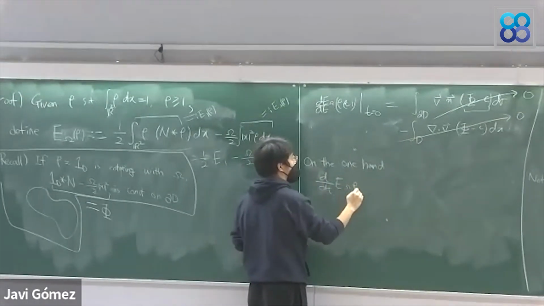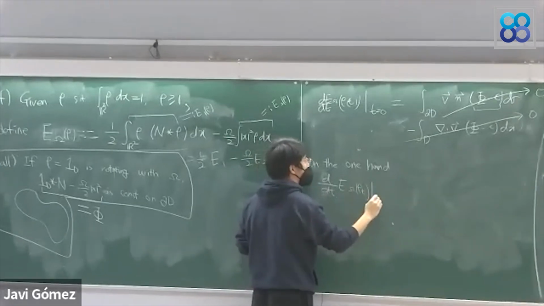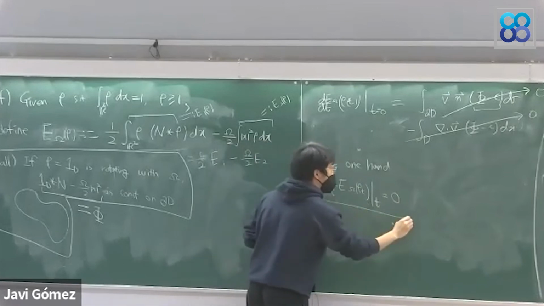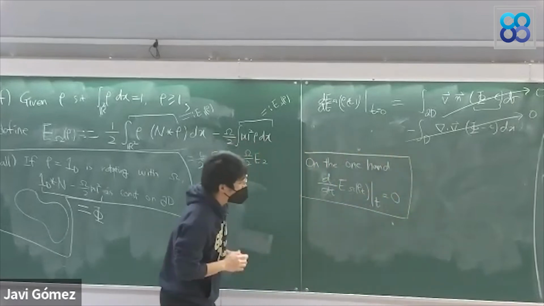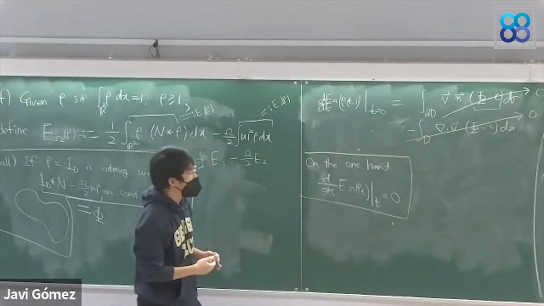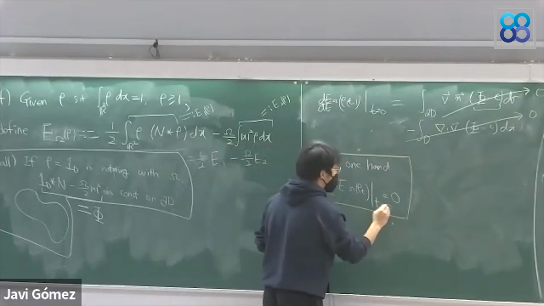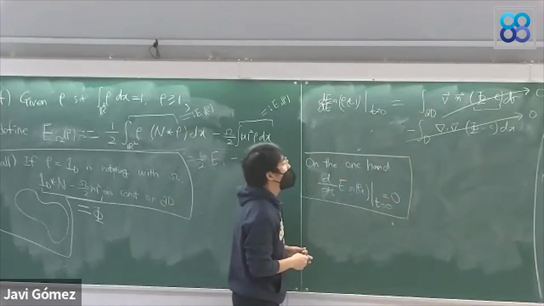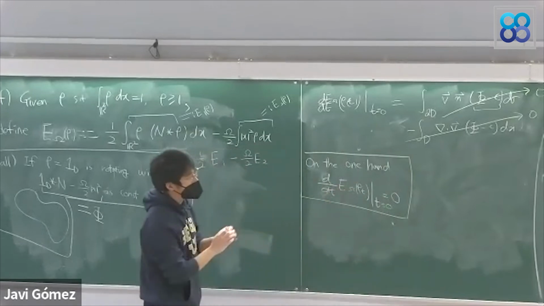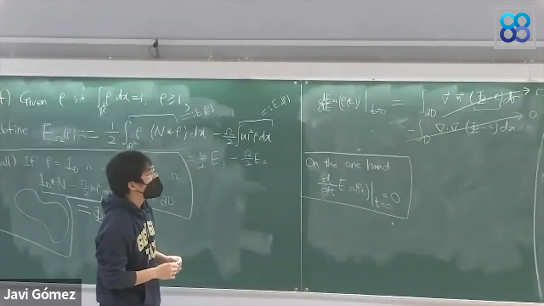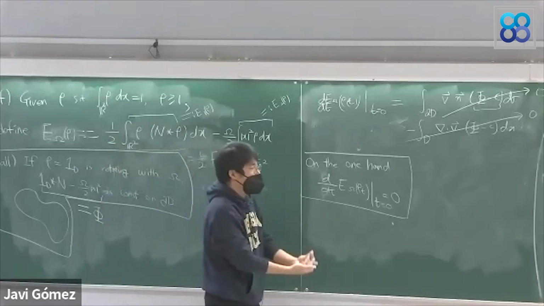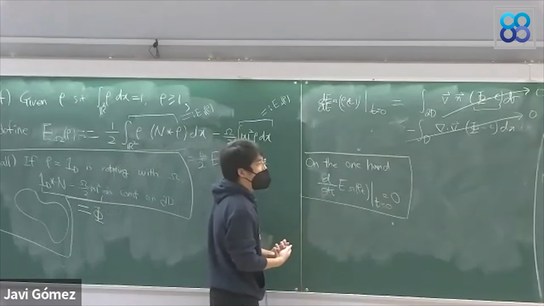This is, so on the one hand, we have the first variation vanishes at the rotating solution. Okay. And I erased it, but the third step was to show that any critical point of this functional has to be a disk. So let's do that.